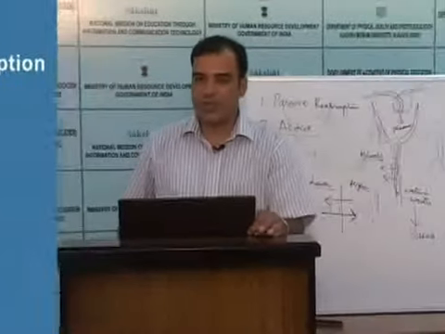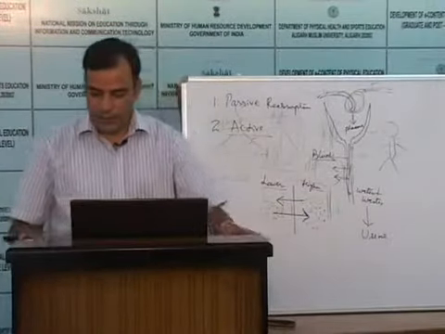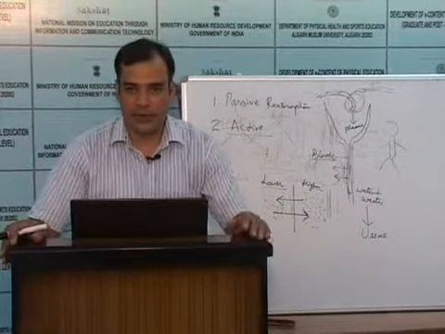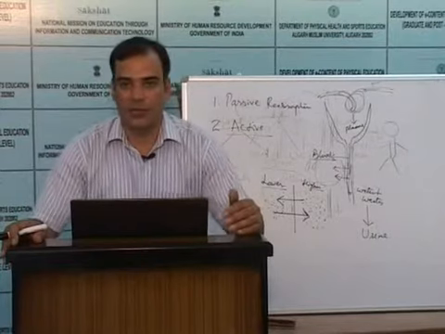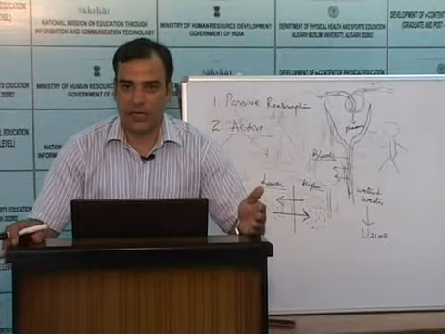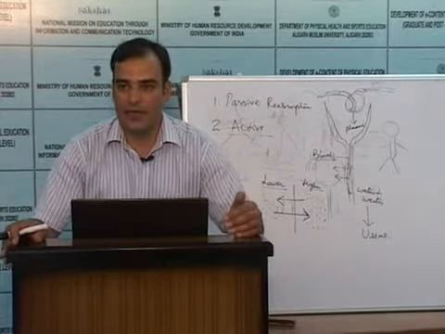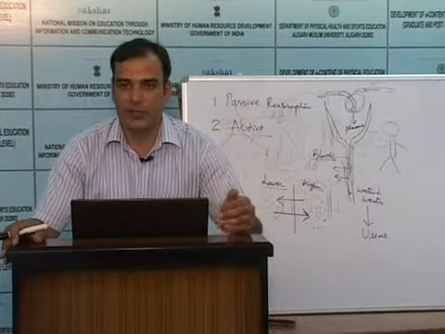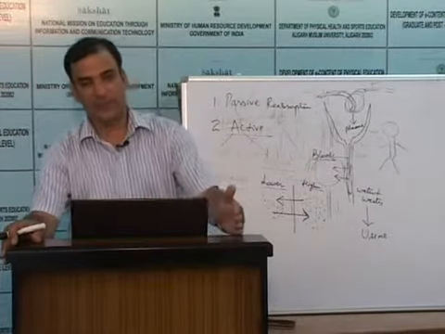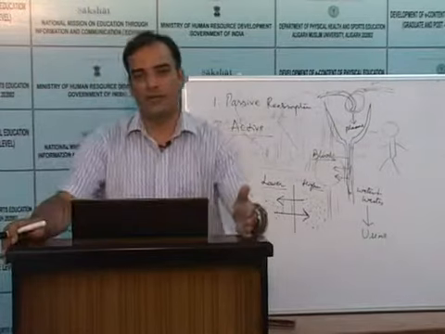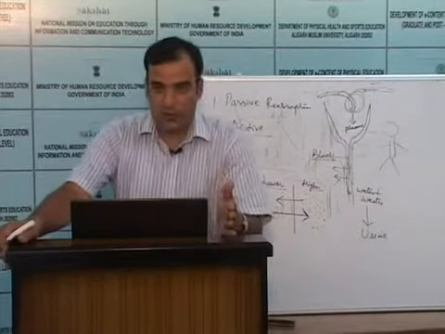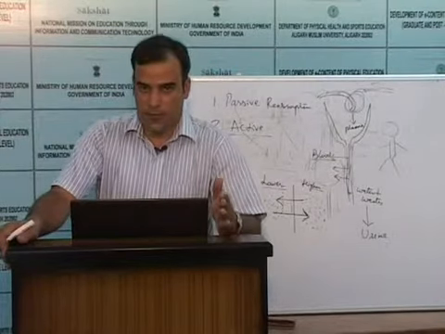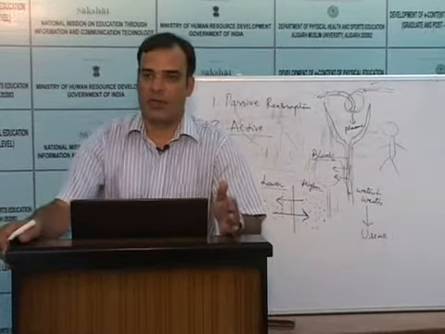Now, what are the sites of reabsorption? As I mentioned earlier, reabsorption takes place in the tubular portion of the nephron, which consists of the proximal convoluted tubule, loop of Henle and distal convoluted tubule. Different substances are reabsorbed in different portions of this tubule. In the proximal convoluted tubule, maximum substances are reabsorbed.